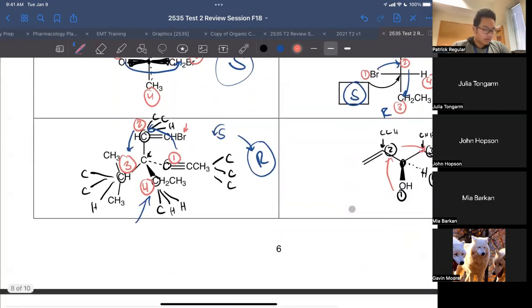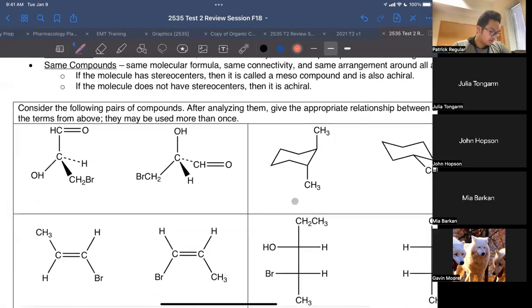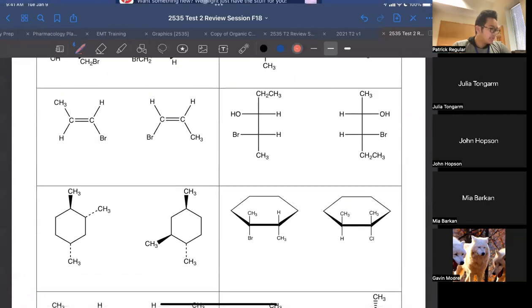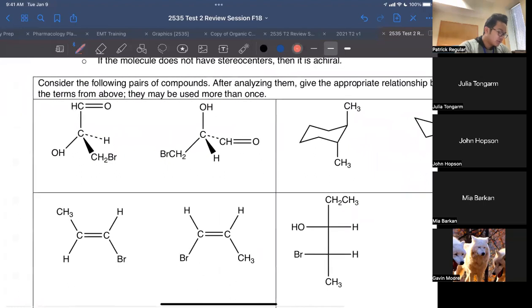Cool. All right, let's go ahead and move on. This is an interesting one. Now we take the rules of our stereochemistry. So right here, let's go ahead and assign R and S, our absolute configuration. We know hydrogen is always going to be 4. 2, because carbon's attached to Br, and there's going to be 3.